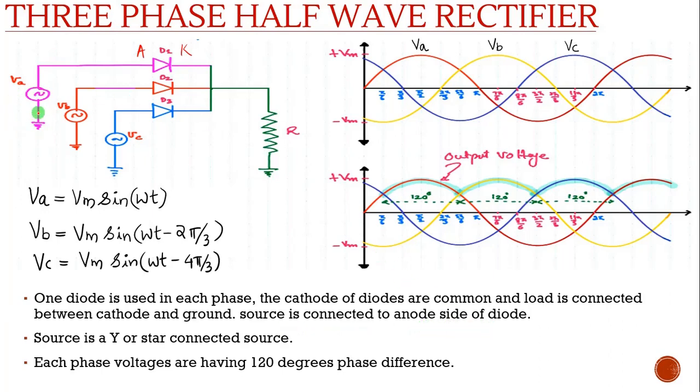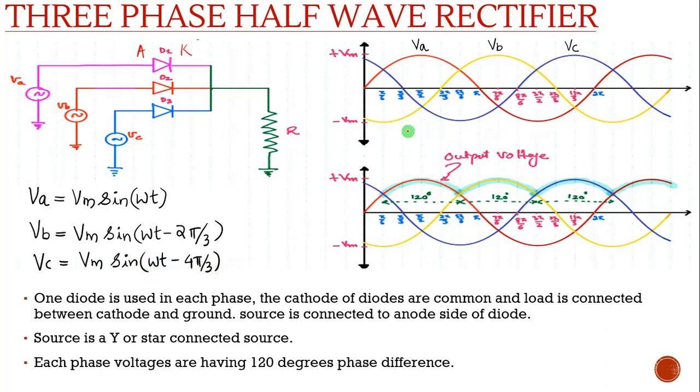The three sources VA, VB, VC are connected to the anode side of the diodes. The source is a Y or star connected source, and each phase voltage has a 120 degree phase difference. That is what is written here: VA is equal to Vm sin omega t, VB is equal to Vm sin (omega t minus 2 pi by 3), and Vc is equal to Vm sin (omega t minus 4 pi by 3).